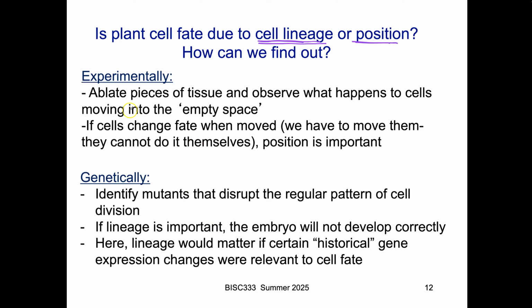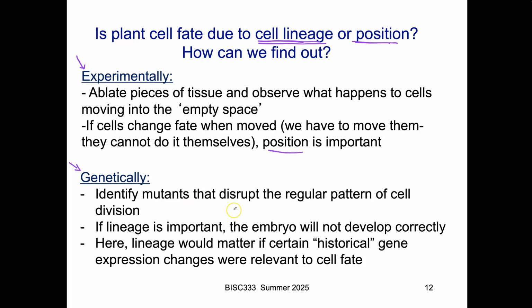There are two different kinds of methods you can use. One is an experimental method where you can ablate parts of a tissue and then observe what happens to the cells that move into that empty space. The cells don't really move there, so we have to help them with some micromanipulations. But if, when you do that manipulation, the cells do change their fate, then that means it is the position that matters most.